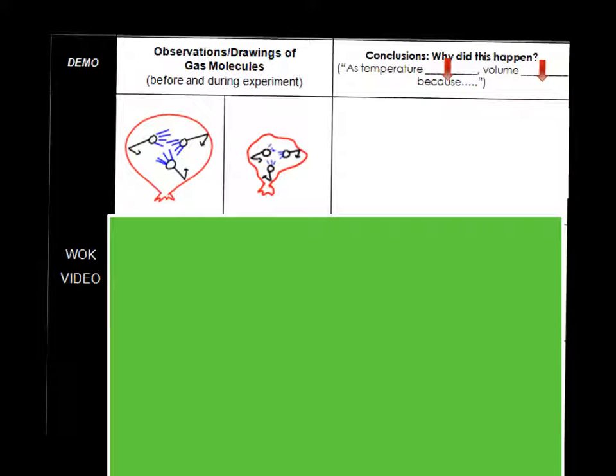So our balloon gets kind of shriveled up and it actually shrinks in volume, and that's because the molecules aren't moving as much because their temperature is less. So that would be this picture right here. Take a second and just draw those before and during experiment pictures out.